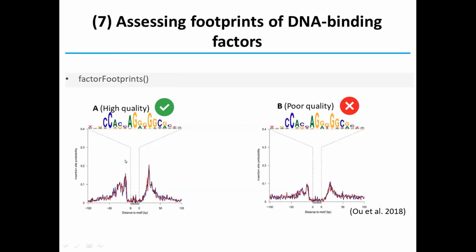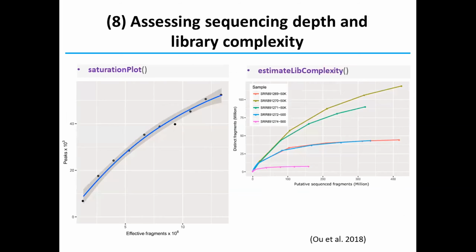For high quality ATAC-seq data, you should see a deep valley of the footprint. It's pretty deep, a deep footprint. But for poor quality ATAC-seq data, the footprint may be very shallow or even barely seeable.